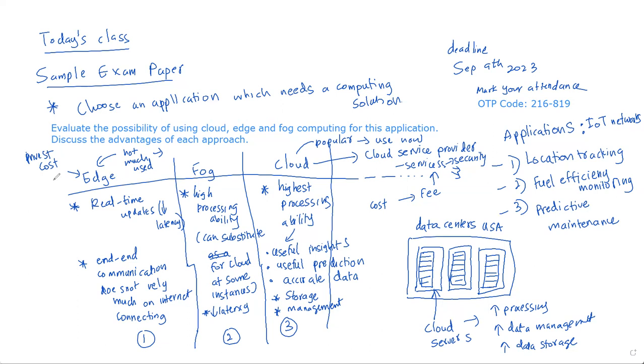So if we personally have to invest in this equipment, edge computing might be costly. So depending on who is going to implement this, the computing cost might be different.